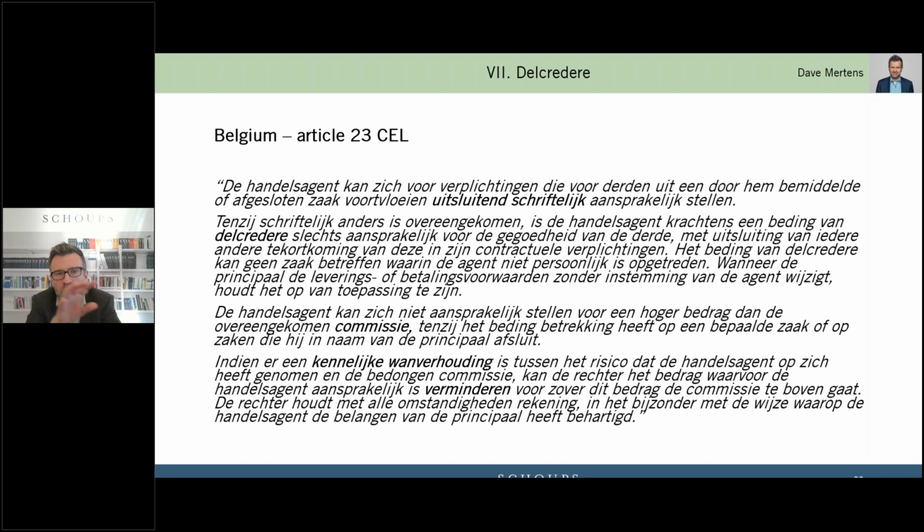You can, however, commit part of your financials to the solvency of the customer to convince the principal to go ahead with this transaction. But to what extent that is possible is very much limited in Belgian law. And that's the next slide.